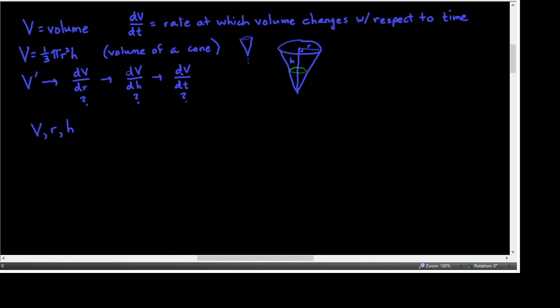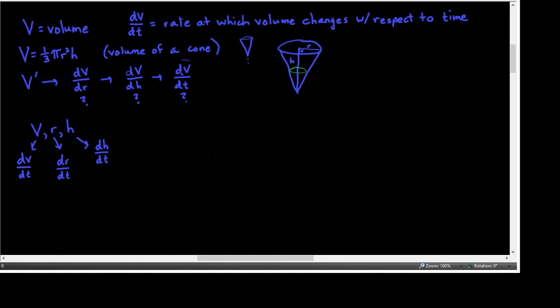So the rate at which the radius is changing will be called dr dt, and the rate at which the height is changing will be called dh dt. And of course, the rate at which the volume is changing is the dv dt that we talked about earlier.